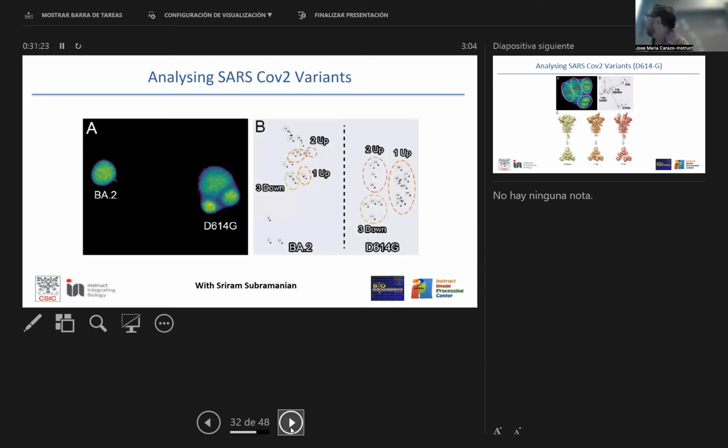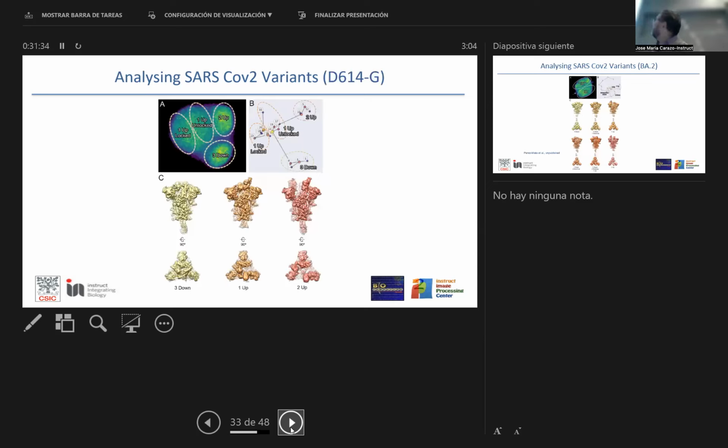Certainly the pattern of flexibility is completely different between these two variants. We can zoom into one of them, and zooming, you get maps like that, that immediately tell you, okay, all these sometimes complicated classifications: closed, up, locked.